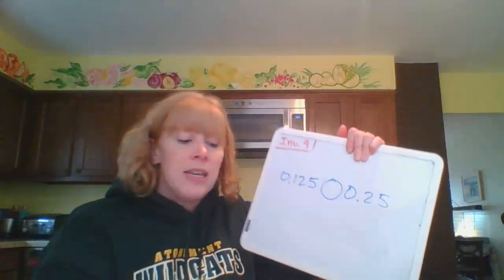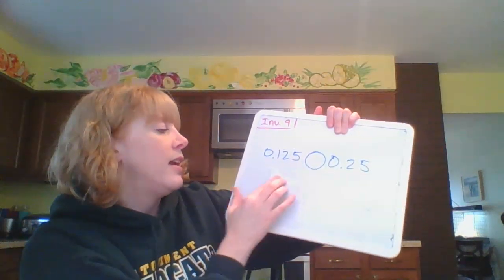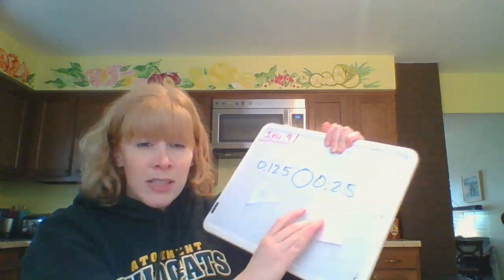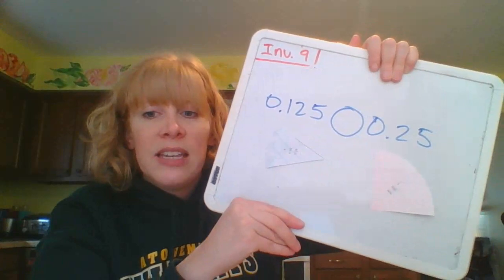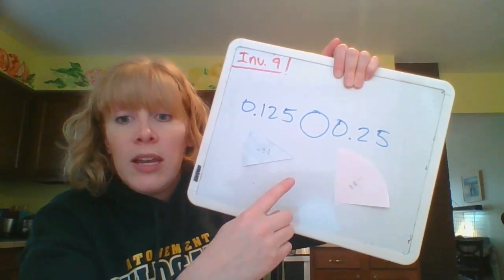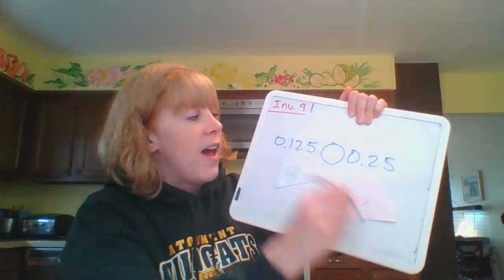But if I look at my manipulatives, see, my 1/8 is the one that says 0.125 or 125 thousandths on it. And my quarter manipulative is the one that says 0.25 or 25 hundredths. And even though thousands sounds like it's more than hundredths, I can see when I use the manipulatives that actually 1/4 is larger than 1/8. 25 hundredths is larger than 125 thousandths.